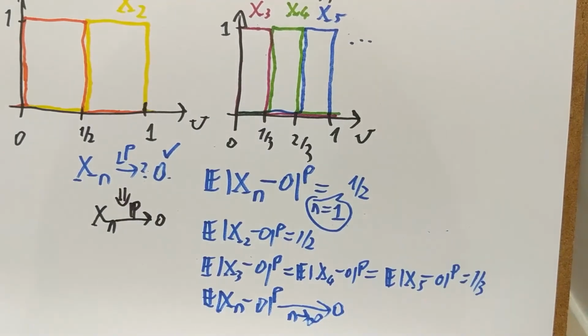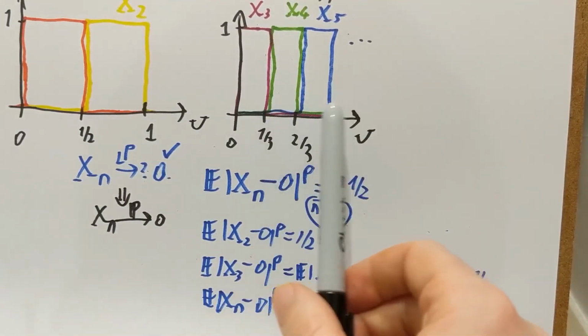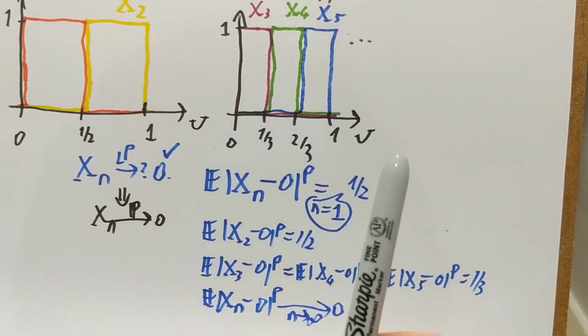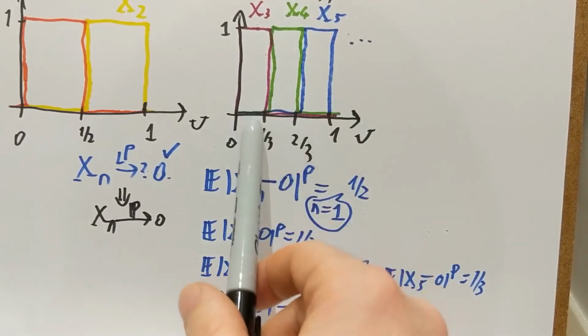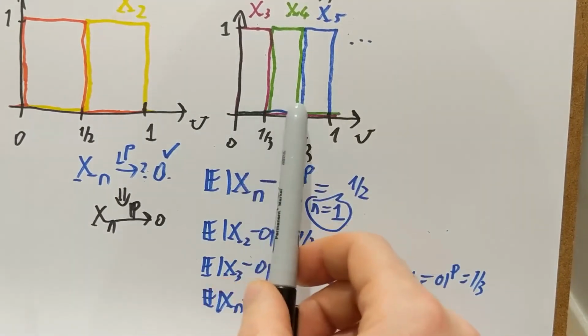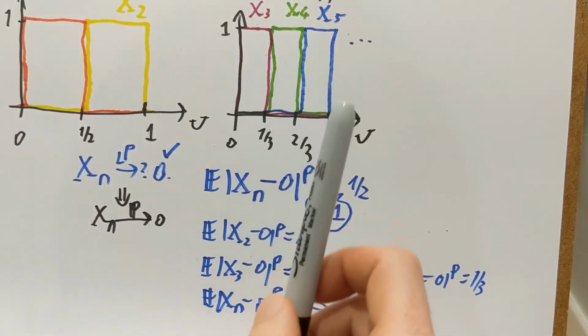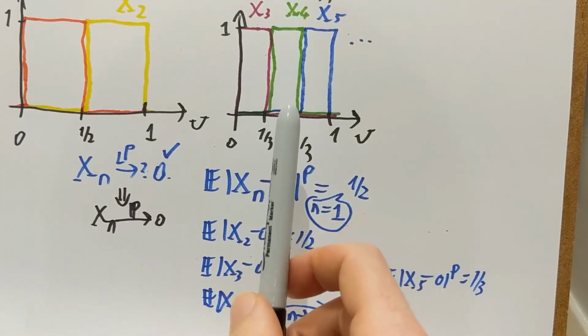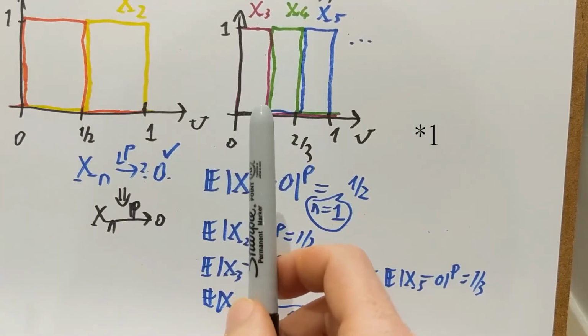It's not difficult. But if you look at any realization of U, with probability 1 U is not a rational number, so it's not going to be on any of these division points for any n. If U is somewhere in here, then there will always be a random variable X which is equal to 0.